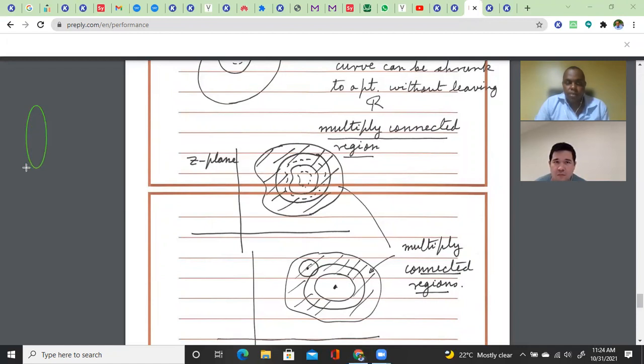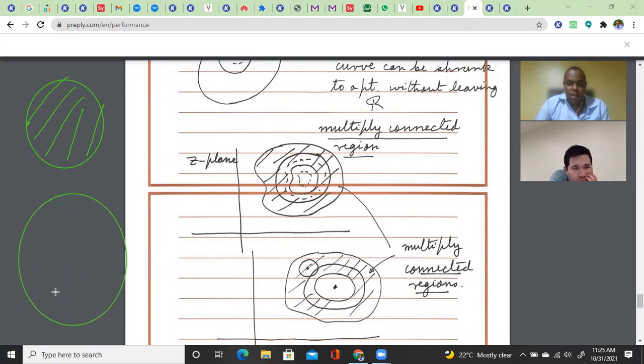So consider the whole of this to be a region, and then consider this one to be another region. Take a simple curve inside this region. You can shrink it to that point and you are not going to leave the region. So this one will be simply connected.